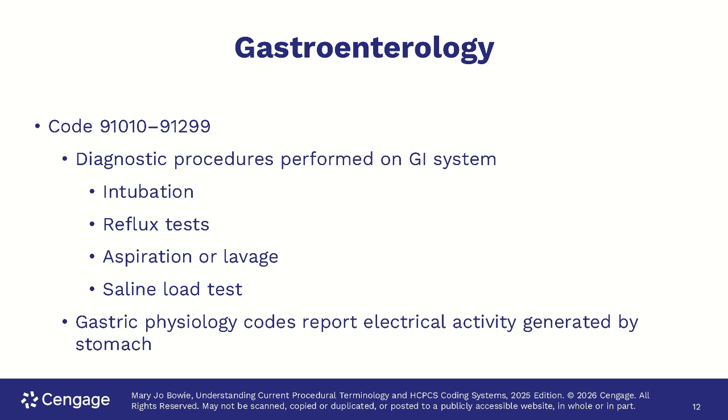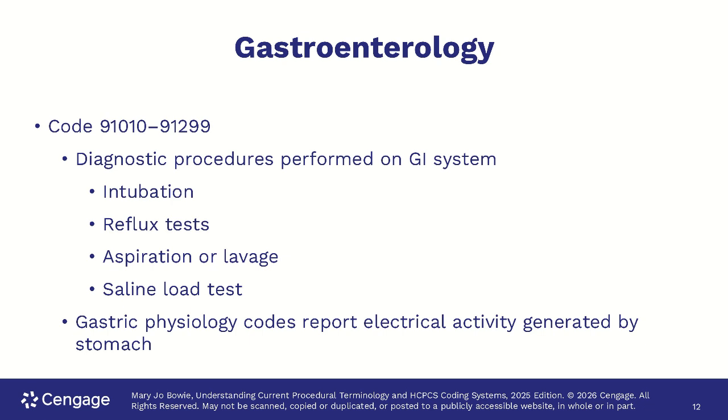All right. Next up, we're going to gastroenterology. And I told you everything that couldn't be coded in the other sections, you will see over here. So these are codes for diagnostic procedures on the gastrointestinal system. If E&M services are performed at the same time, we will report those separately.